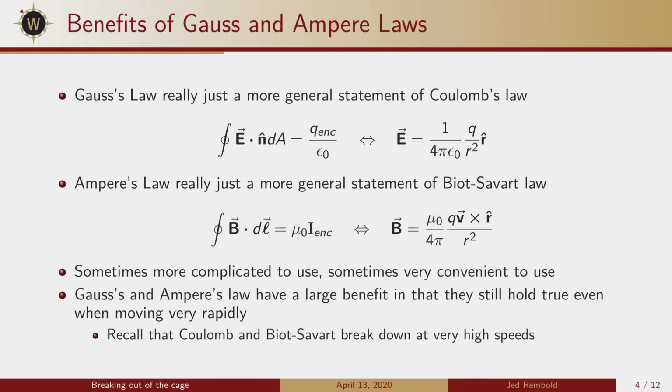And similarly, Ampere's law is relating the magnetic field to the current, which is, again, basically just looking at what Biot-Savart told us. Biot-Savart, our original way of writing it, related q times v, but we also saw later that we can write that in terms of the current. So in both cases, it's relating moving charges to the created magnetic field. And again, it's just a different way of looking at the same thing.